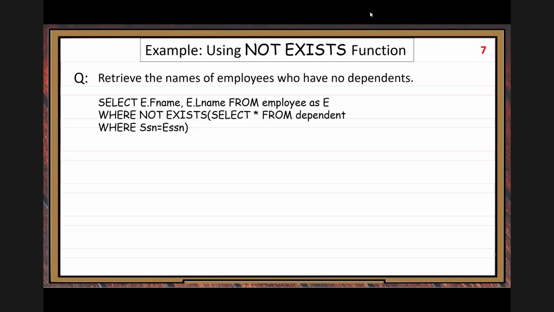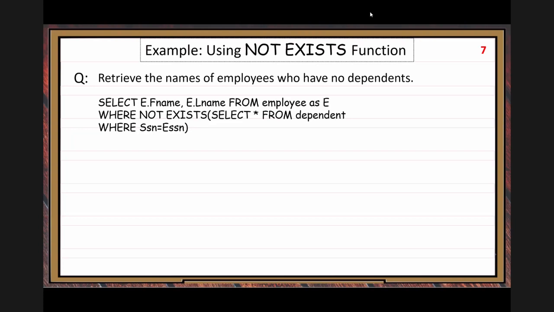No dependence. Remember, you can use the count function, right? You count, and the count number equals 0. If you can find a similar example, remember we counted the number greater than 1, right?